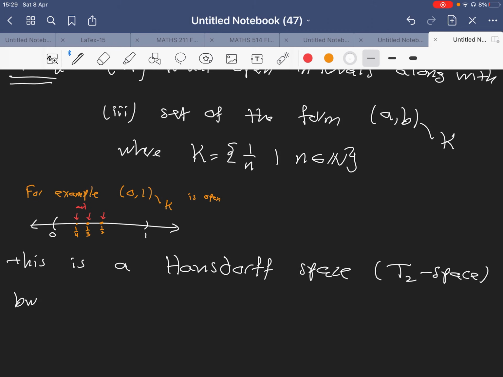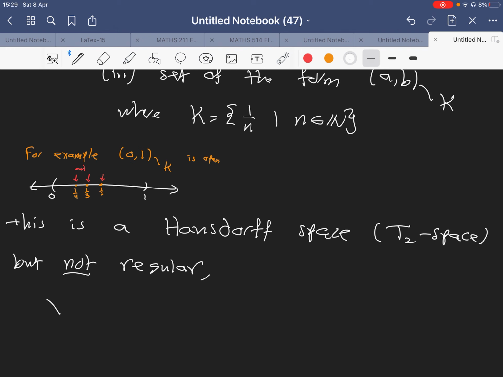But it is not regular. Now the question is, why not regular? Well, if it's not regular, I will give you a point and a closed set and you will not be able to separate them. The point will be x equal to 0 and the closed subset will be my K.